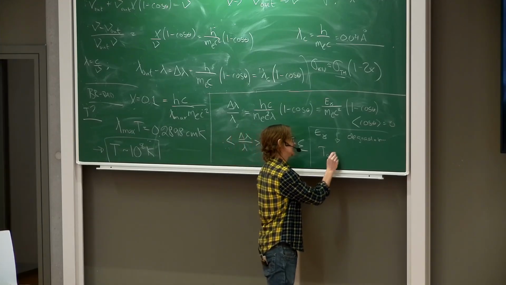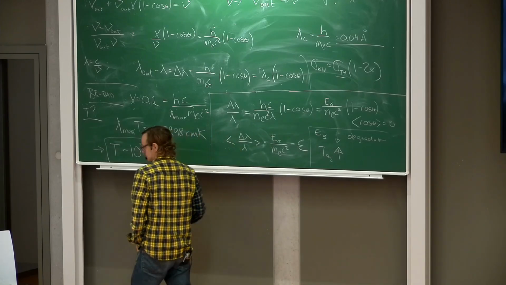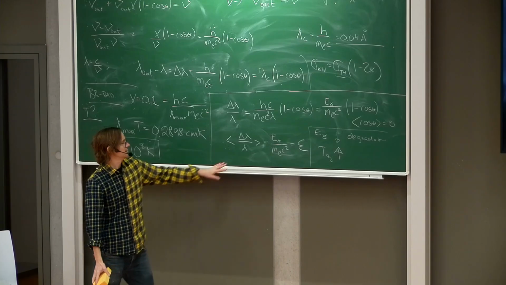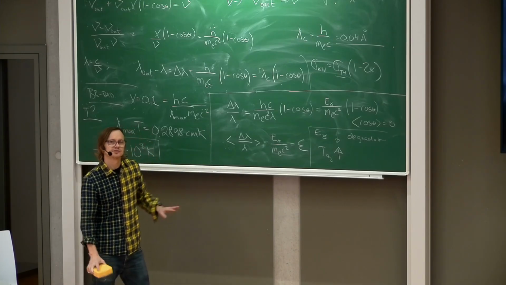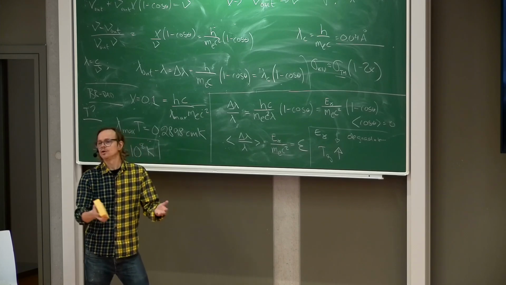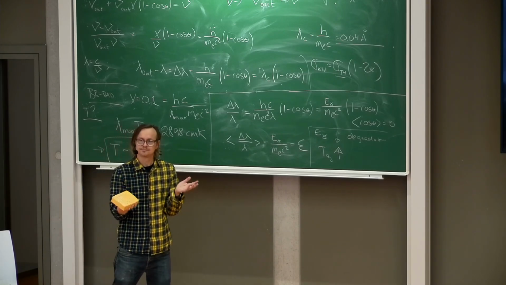T gas goes up. This effect then is called Comptonization. It's how you can, with very high energy photons, deliver some of that energy into your gas and thereby heat it up.